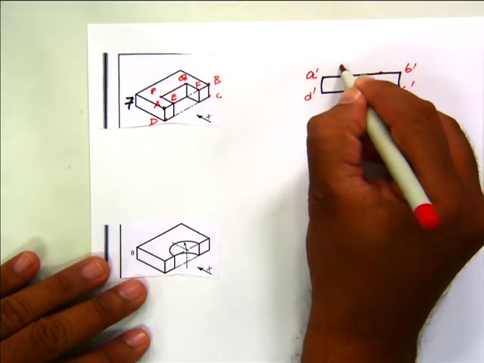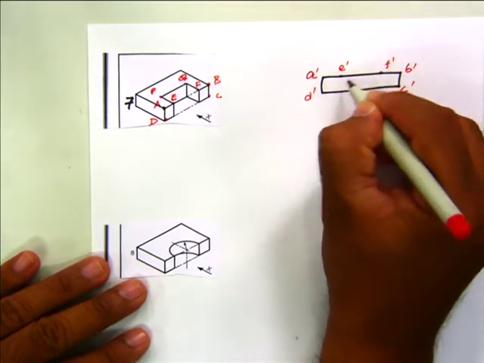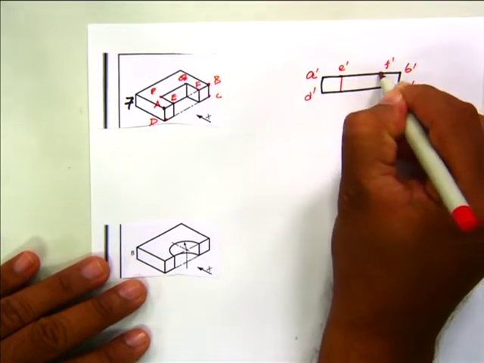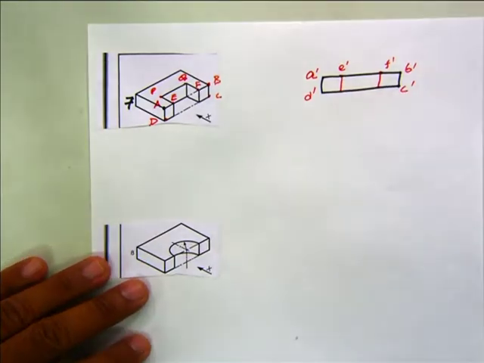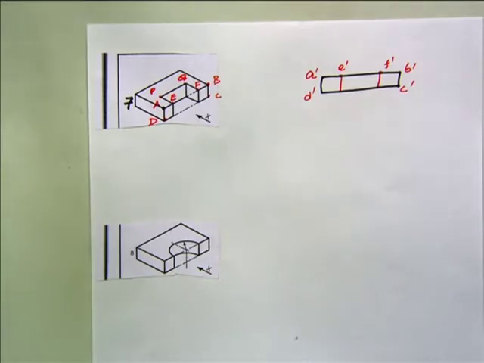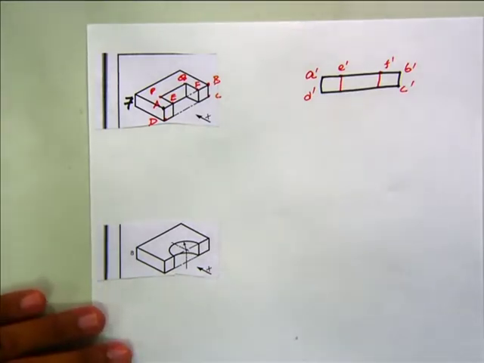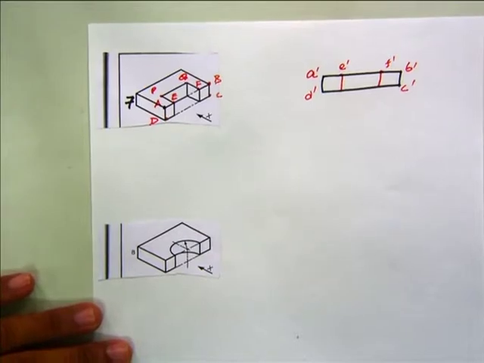This is your E dash and F dash. So the front view looks like this.